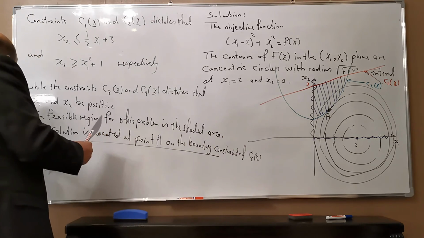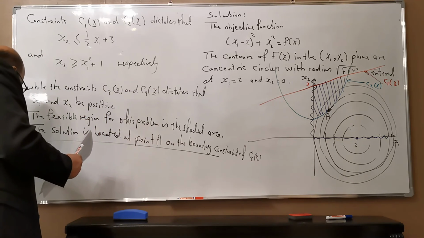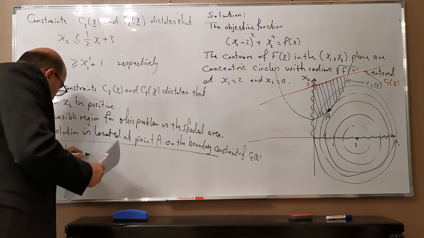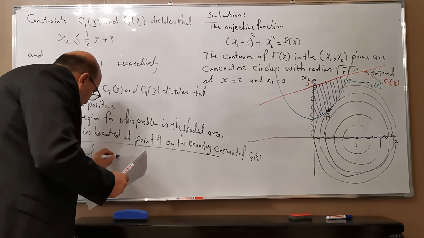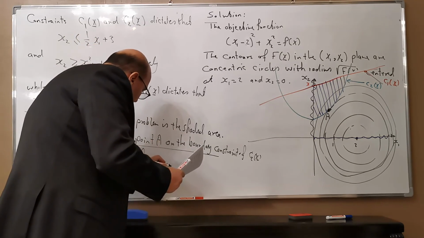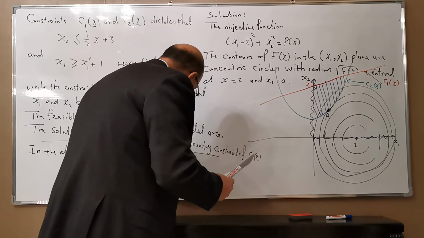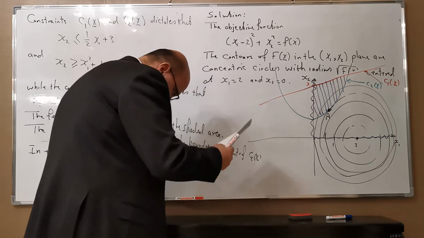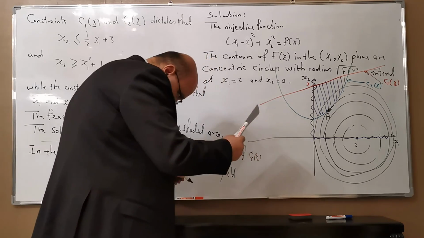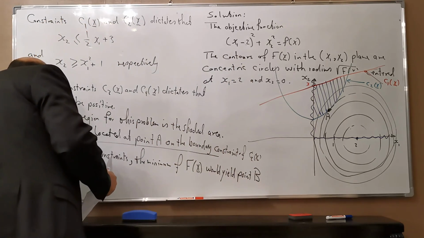Just in case, in the absence of constraints, the minimum of f of x would yield point B as a solution.